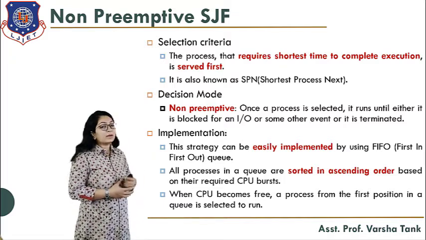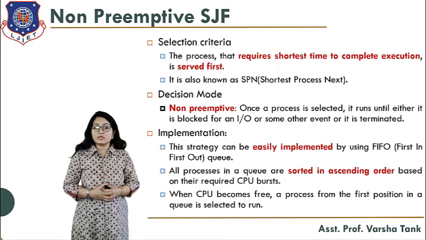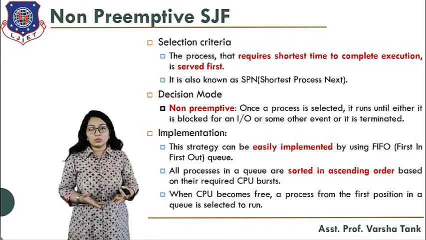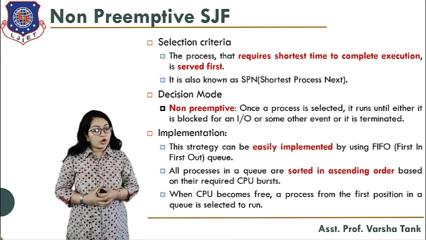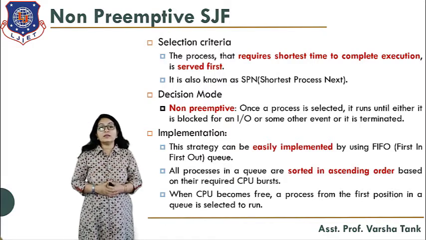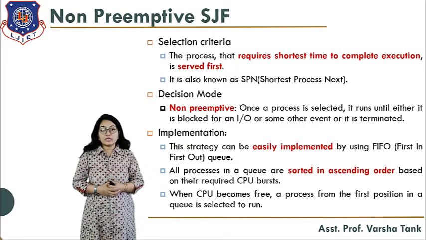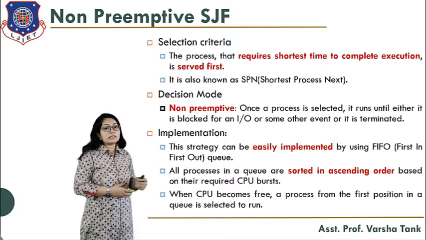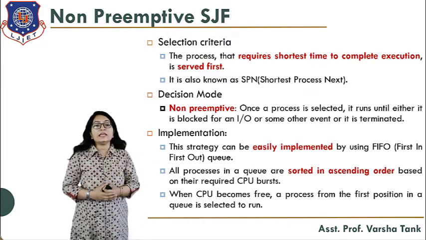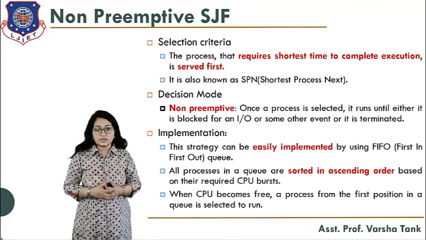Now, implementation. This strategy can be easily implemented using a FIFO queue, that is first in first out. All of you know about the FIFO queue because you have learned it in data structures. The same data structure will be used to implement SJF scheduling. All the processes in the queue are sorted in ascending order based on CPU burst time.